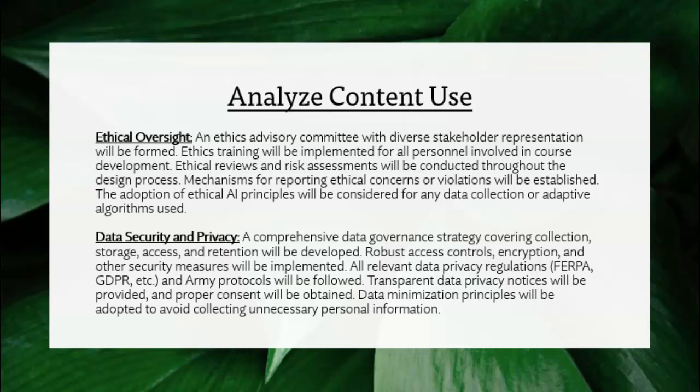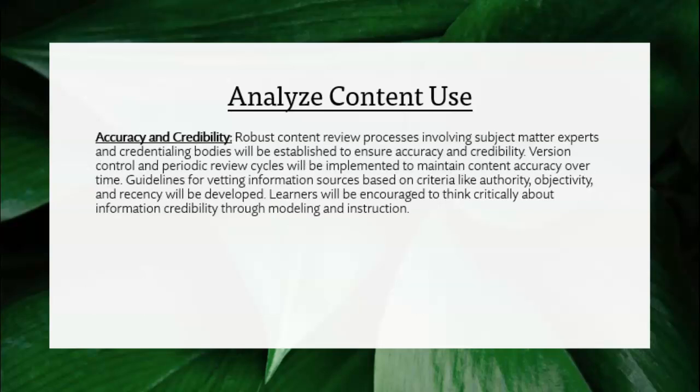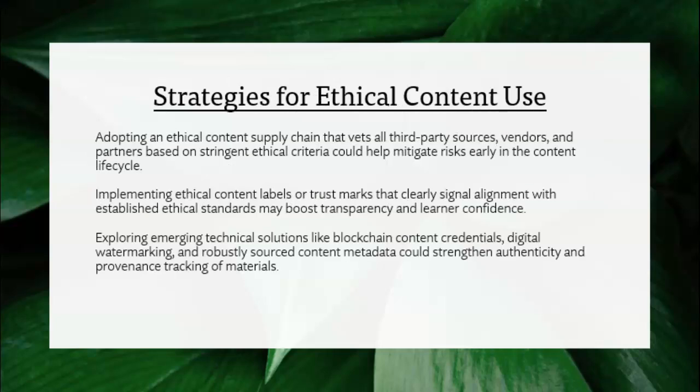Also, ethical oversight, data security and privacy, and then lastly, accuracy and credibility are things that we're going to analyze for the content that we're going to be using throughout the course. And I think that those 5 things are going to be really critical in ensuring that we ethically design a course that meets all the appropriate laws and policies that we have to follow.